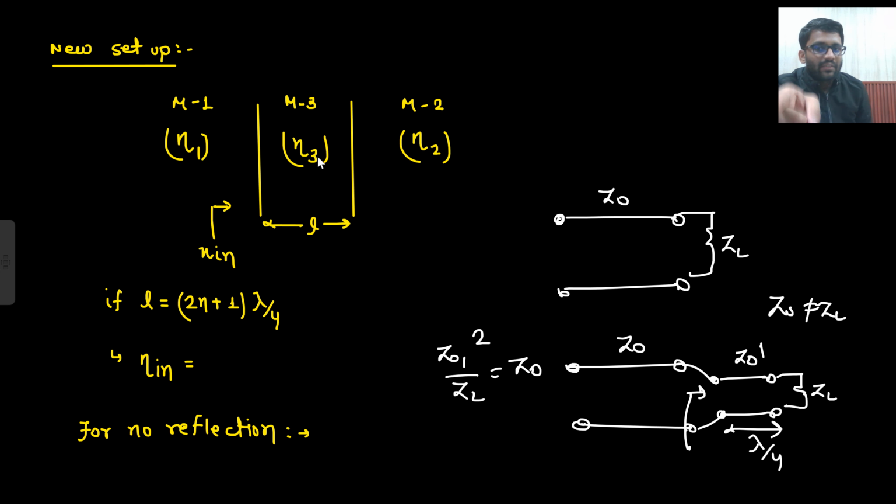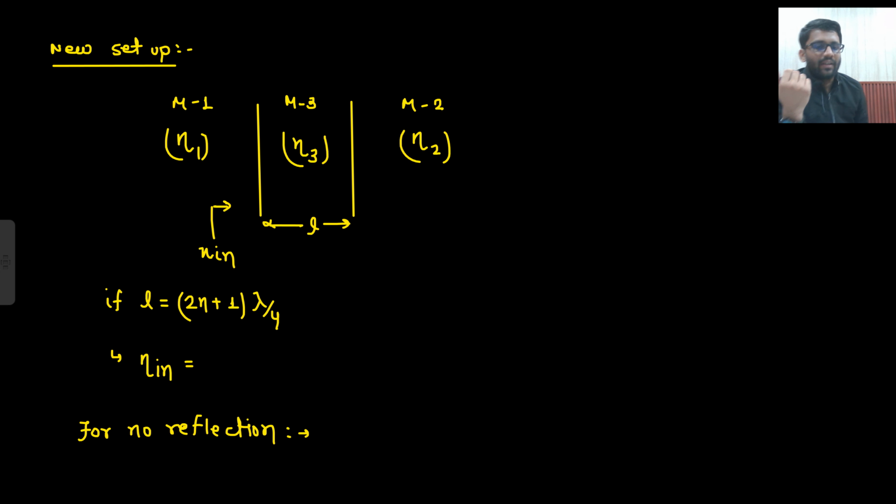So similarly here as well, I will set up the medium in a manner that I set up the value of eta 3 so that the equation becomes correct. So what equation will we get now? Let's check that out. If the length is an odd multiple of lambda by 4, then the value of eta in you will get is Z0 square by ZL, that means eta 3 square divided by eta 2.